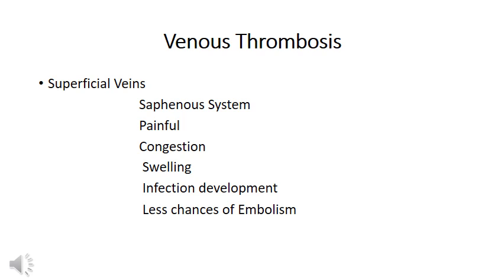In the saphenous system, there is a very high chance of superficial thrombus formation. In case of thrombus formation in the saphenous system in our legs, we can face a painful local condition, along with congestion and swelling at the site.